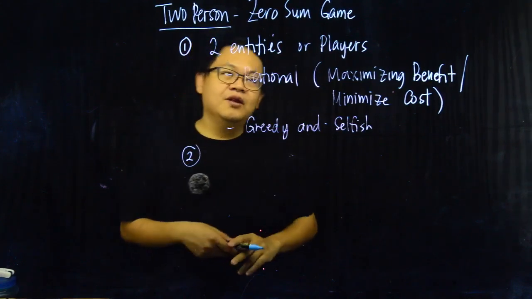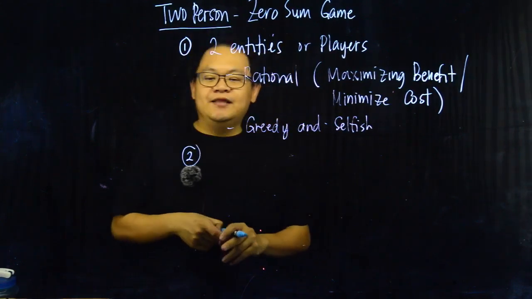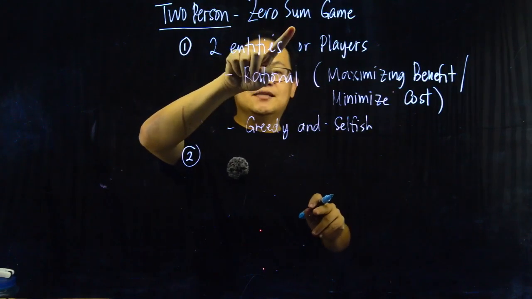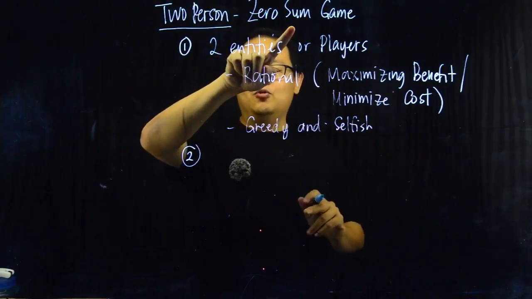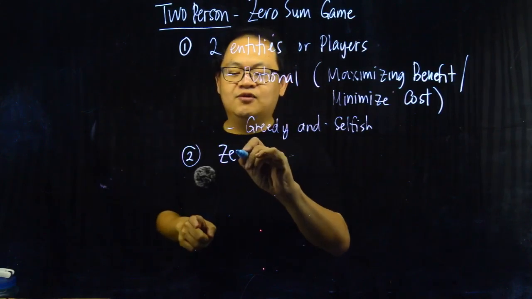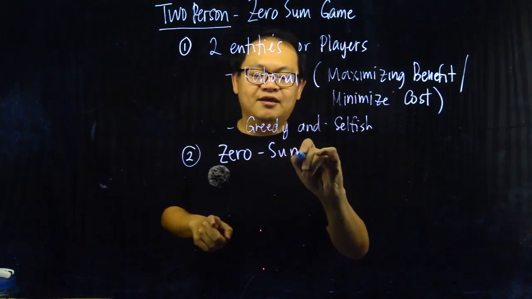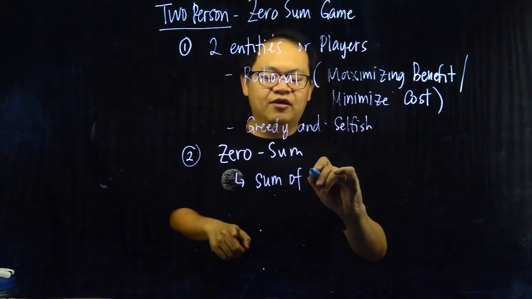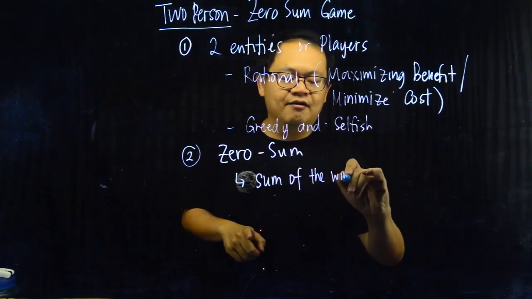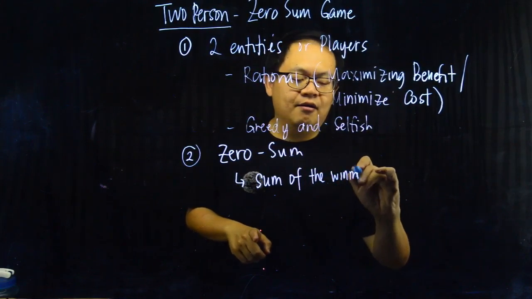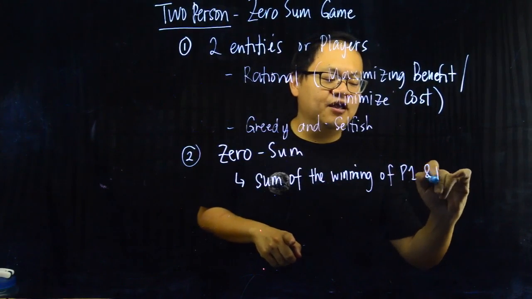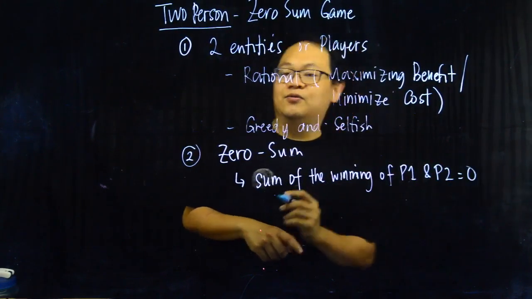Now, in this competitive scenario, the game has to be zero sum. And what do we mean by zero sum? When we say zero sum, it literally means the sum of the winnings of player 1 and player 2 is equal to 0.